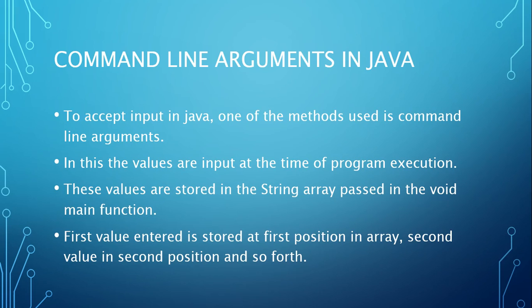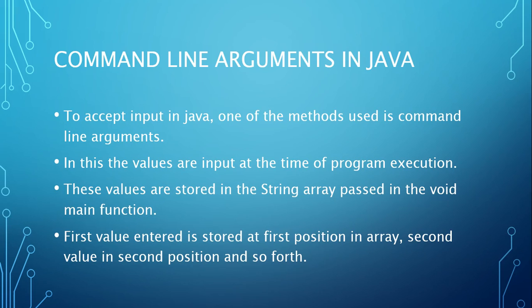So what is the concept of command line arguments? If you remember, in one of the lectures when I was discussing the Hello World program and the syntax of the void main function, at that point of time I had made it clear that the array which we pass in the void main function is used for accepting command line arguments.